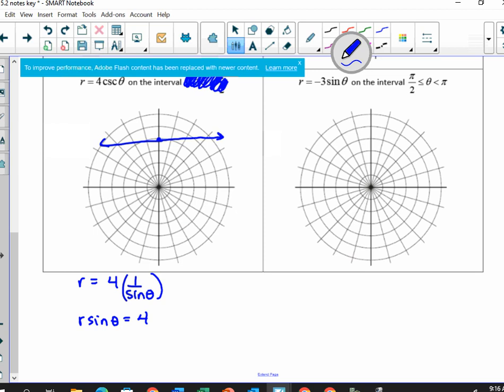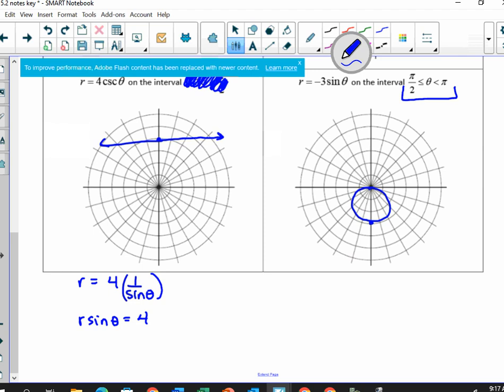Okay, guys, the last one here, r equals -3 sine of theta. Ignoring the interval, what is this? If there was no interval, are we okay with that's what it would be? Okay. The interval means I got to figure out which part of that circle I'm actually using.